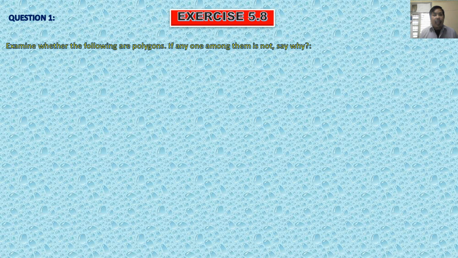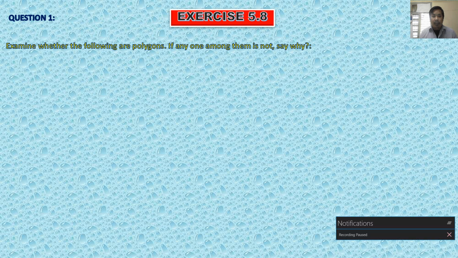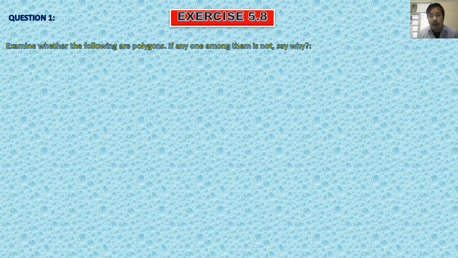Now we are going to exercise 5.8, and in 5.8 we have question number 1. In question number 1 of exercise 5.8, it says: examine whether the following are polygons, and if any one among them is not, say why. If it is a polygon, we have to say yes only.